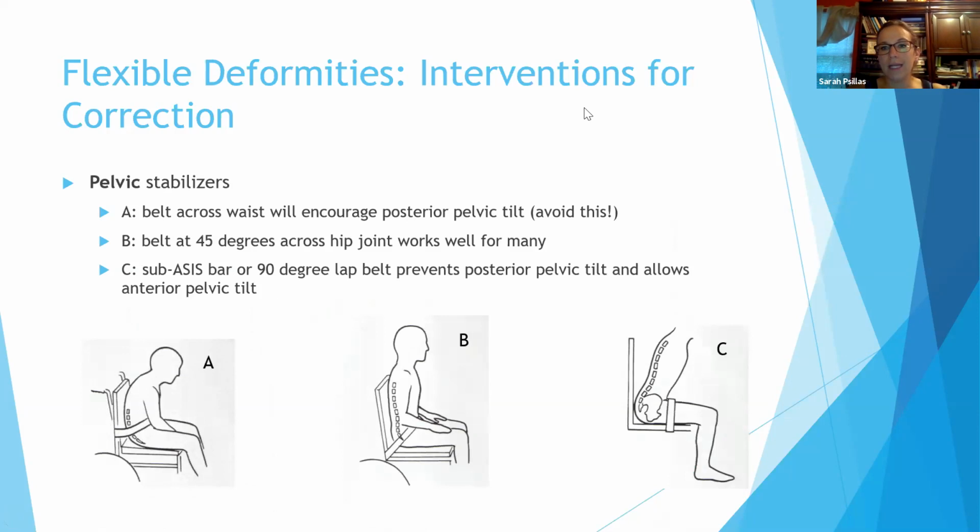You also might need to have what we call pelvic stabilizers. So in the United States, we cannot call them seat belts because they're considered a restraint. So we call them pelvic stabilizers. So it obviously would depend on the country where you are practicing, but you really, really do not want the image A. So A is essentially across the waist.